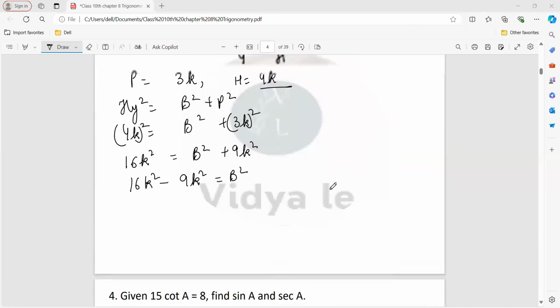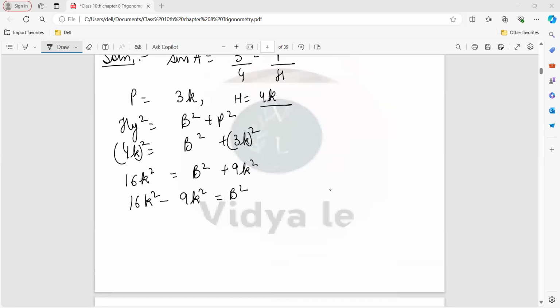So we got 16k square minus 9k square is 7k square. So base square is 7k square and the base we got is root 7 times k, right?